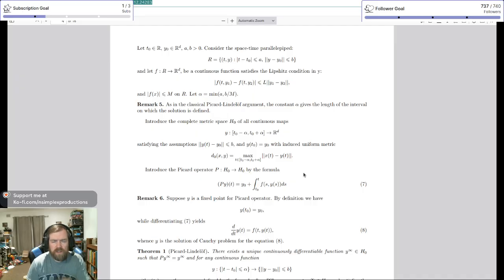As in the classical Picard-Lindelöf argument, the constant alpha gives the length of the interval on which the solution is defined.